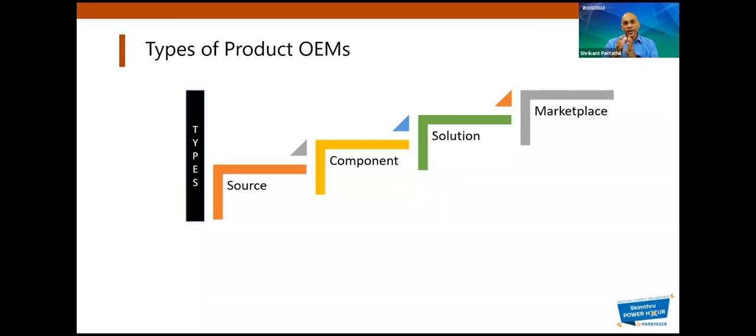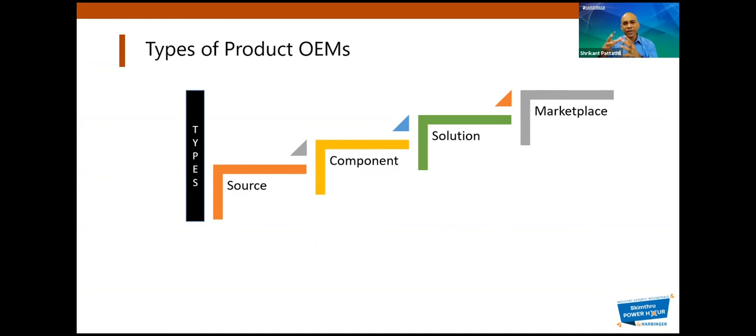The bigger you get, probably you start thinking about OEMing a solution, which has multiple features and multiple facets that you provide. But still, it's provided as an OEM. It doesn't exist as an individual product.